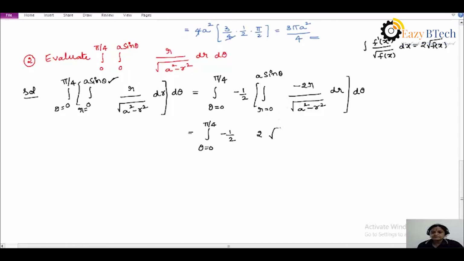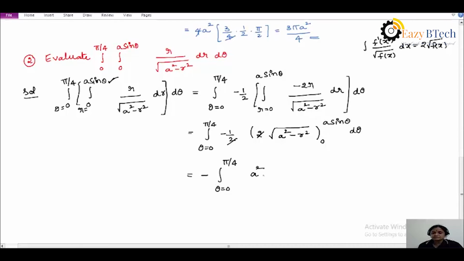2 root f of x means a square minus r square within the limits 0 to a sin theta and again d theta. Okay, this 2 and 2 will be cancelled, and with minus as a common factor, integral theta is equal to 0 to pi by 4. So apply the upper limit at first.